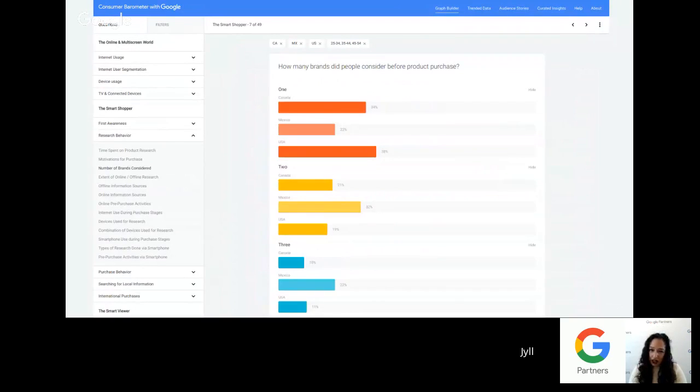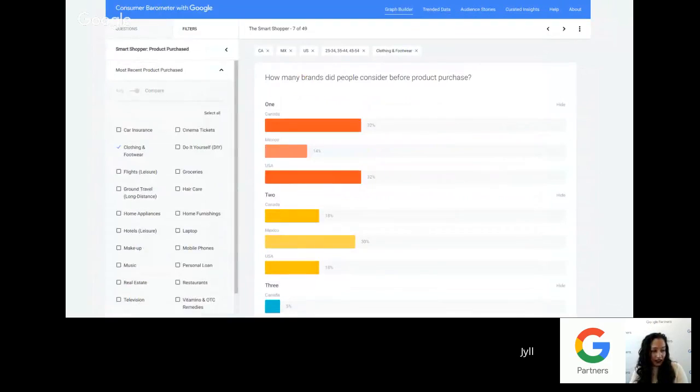Now back over to the questions. There's a bit of toggling back and forth to get to what we want. We're going to look under the Smart Shopper section, and specifically number of brands considered. So what are we looking at here? How many brands did people consider before product purchase in each of these countries? To make this a little bit more meaningful before we start analyzing, we're going to go back to filters.